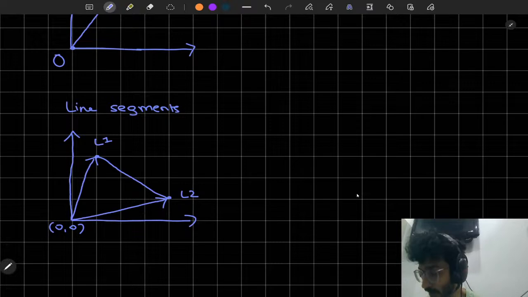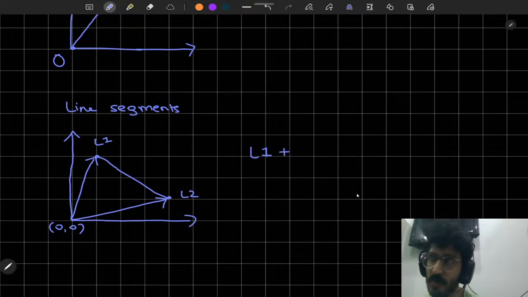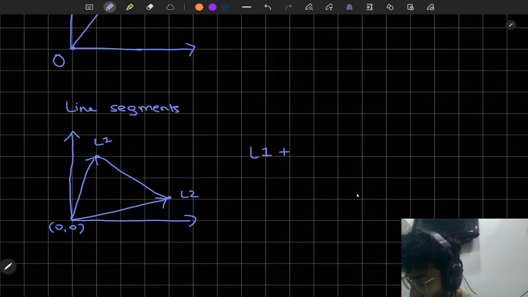That would be basically L1 plus, I guess there are multiple ways to write this. So if you look at what L2 minus L1 is, you can get L2 minus L1 by taking L2 and taking L1, flipping the direction.